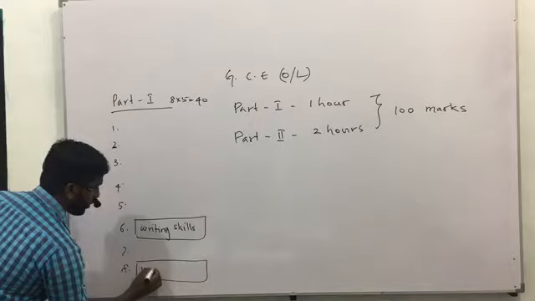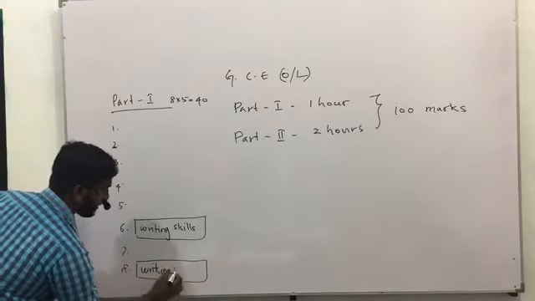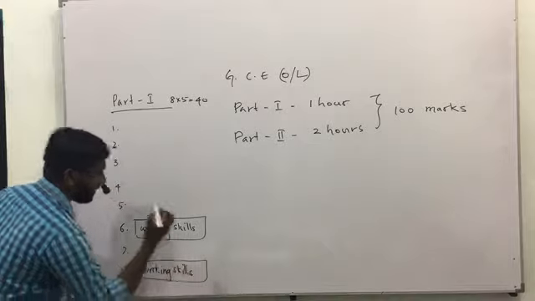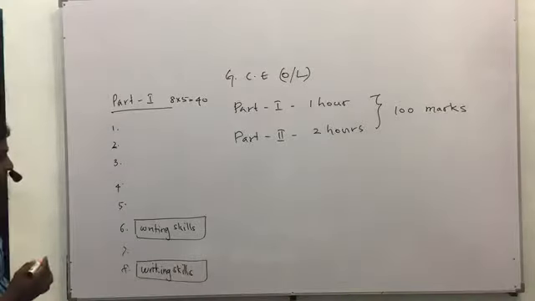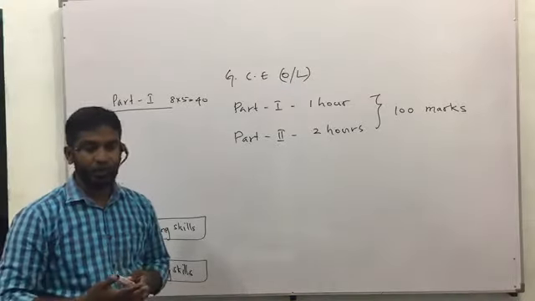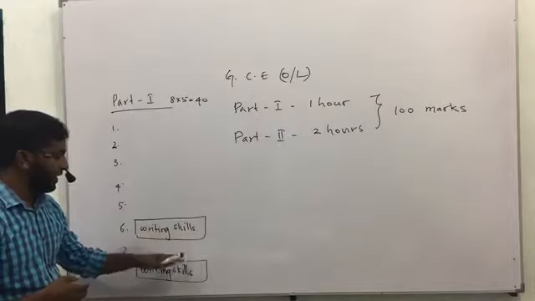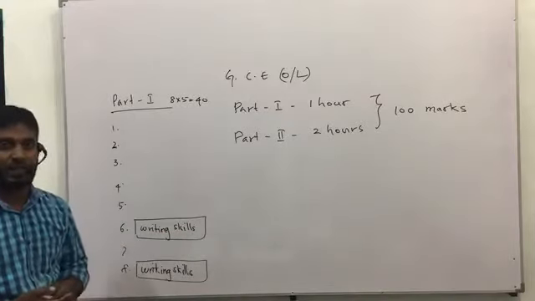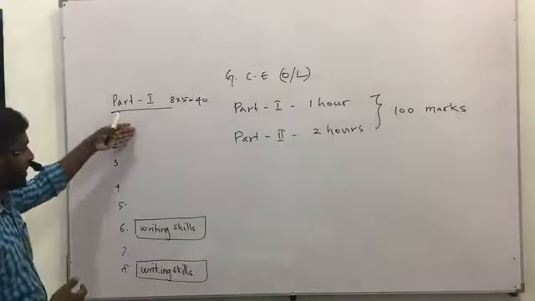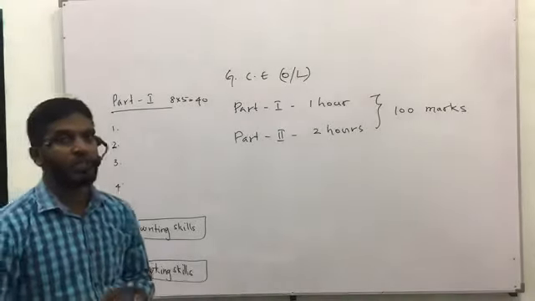If the students are very good with the writing skill, they can get the 5 marks from each of questions 6 and 8. And the rest of the questions, 1 to 5 and 7, are very easy questions for the students.